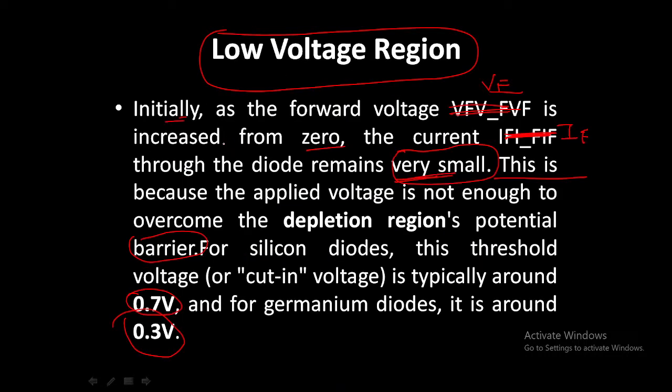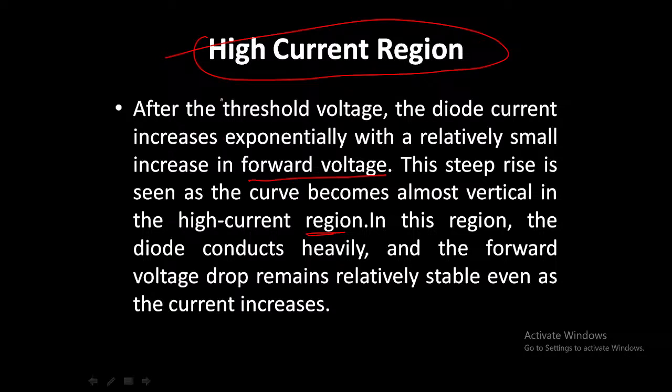I hope you are aware of what is meant by resistance. In general, resistance is the obstruction applied to the flow of electrons, or the flow of current. If the resistance is more, there is less current flowing through that device.